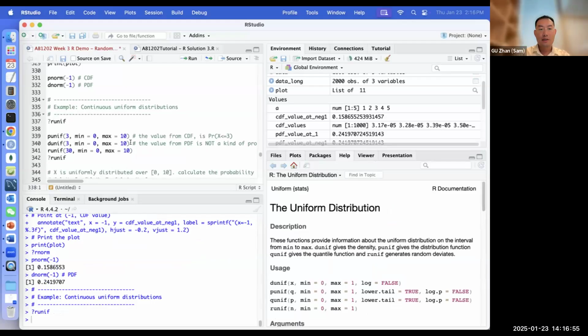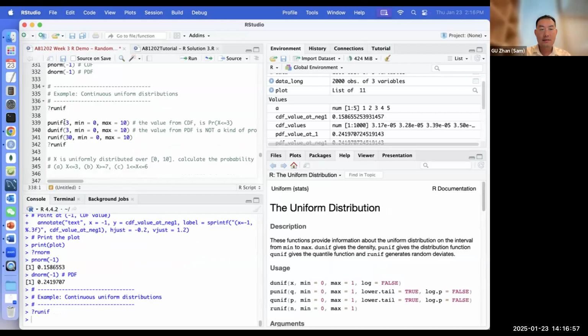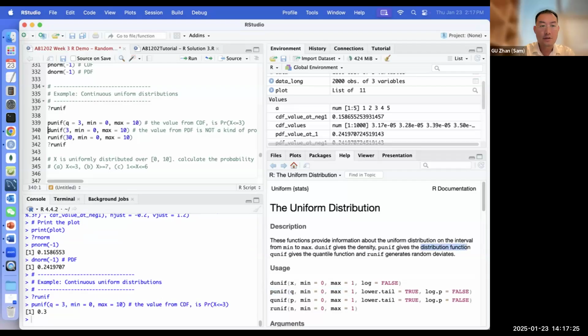In our example, we say punif with q equal to 3, minimum is 0, maximum is 10. punif gives the cumulative distribution function, so this is the CDF function. It gives you 0.3.